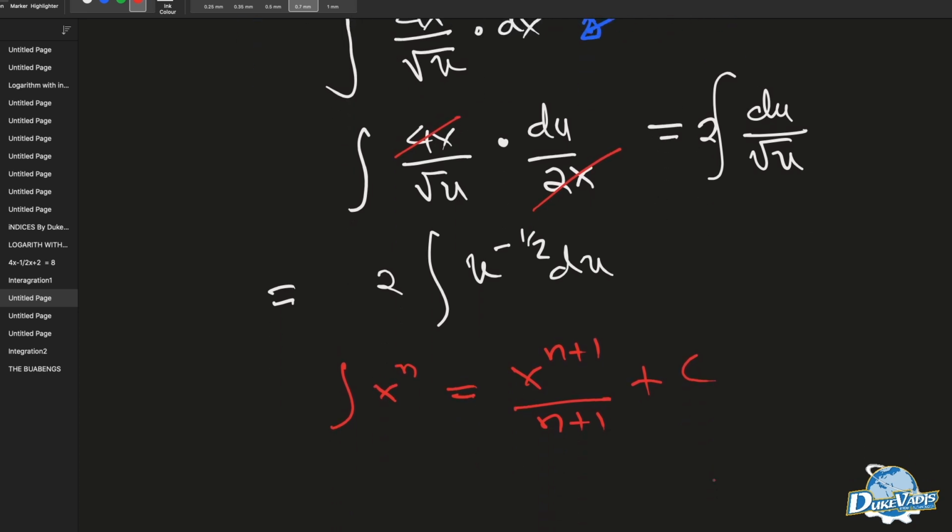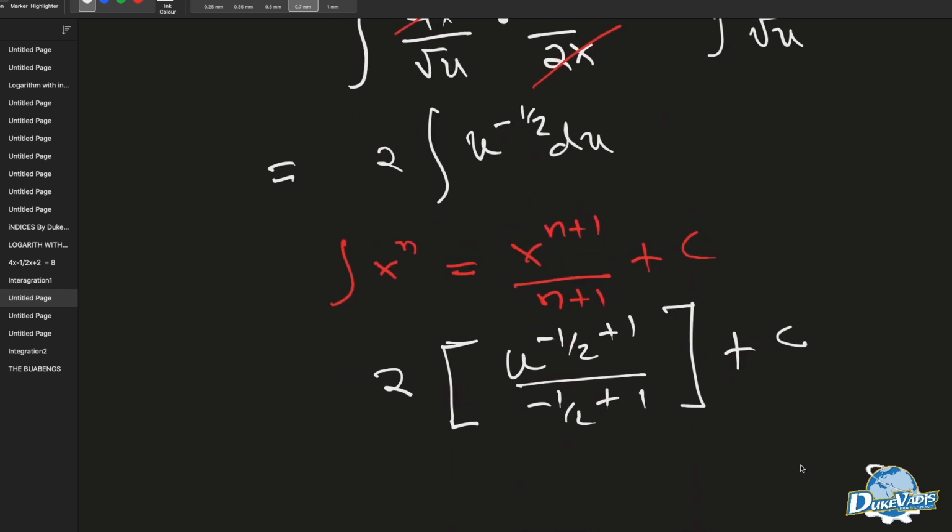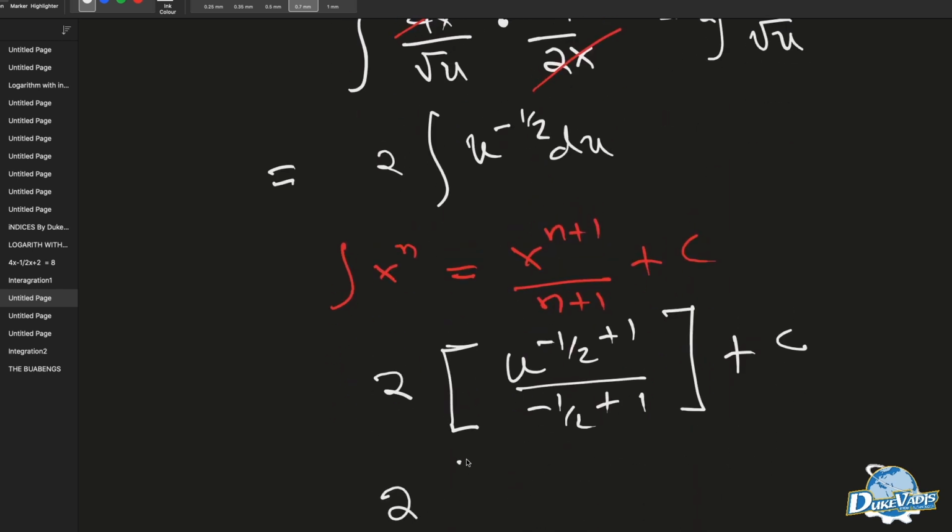In the same way, if we compute what we have so far, this will be 2 out, u to the power minus half plus 1, all over minus half plus 1, plus a constant c. This is 2 out, u to the half all over a half, plus c.